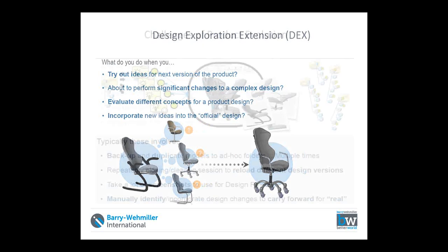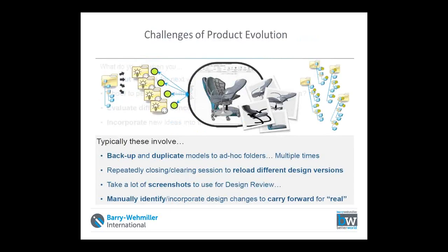So the next that we are going to look at here is the challenges that we face during our product evolution. So again, changing a product design and exploring new ideas is a technical challenge, especially when developing complex systems that have a number of interdependent components. Typically, what we do is we back up models or create duplicate copies and save them in different folders to avoid confusion, and most importantly, to avoid risking your original model.